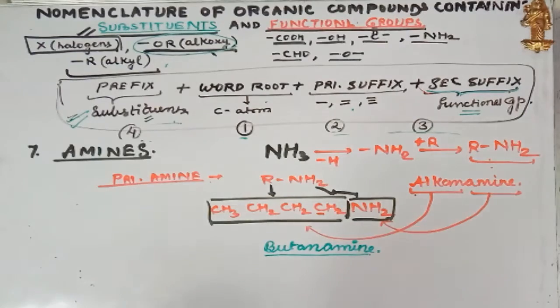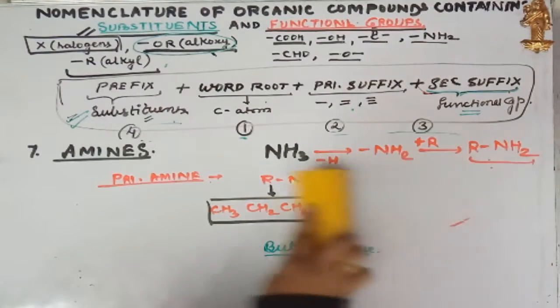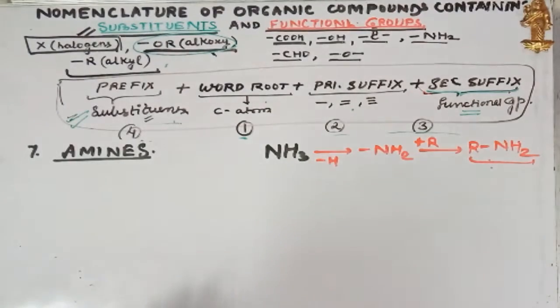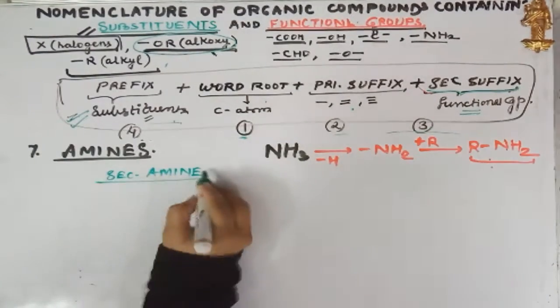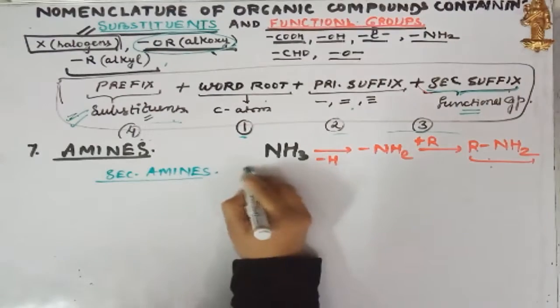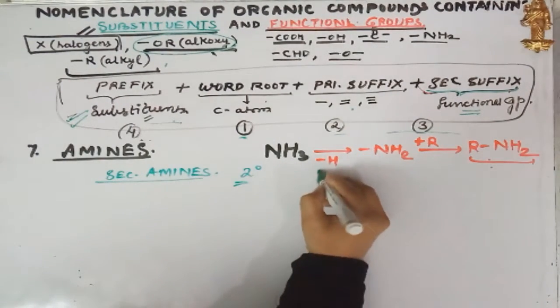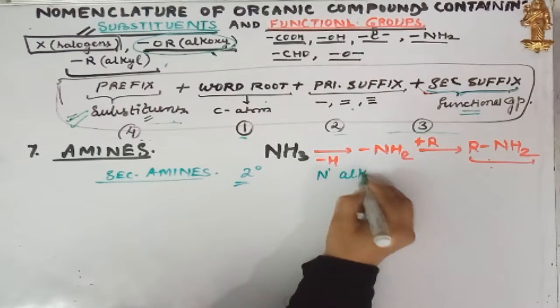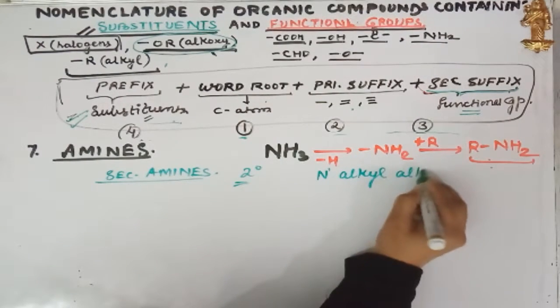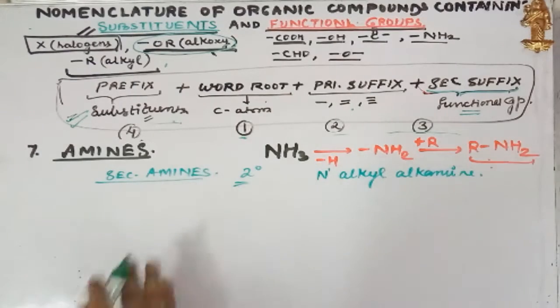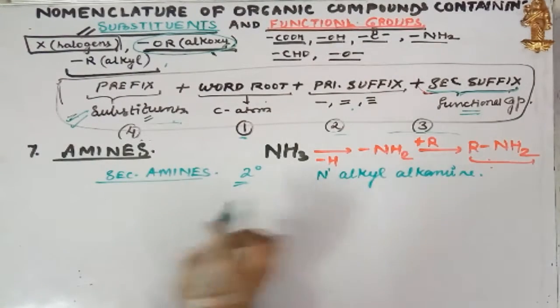Let us understand how to name another kind of amines called secondary amines. Basically, secondary amines are 2-degree amines, and they are named as N-alkyl alkanamine. How are they formed? Let us talk about that first.